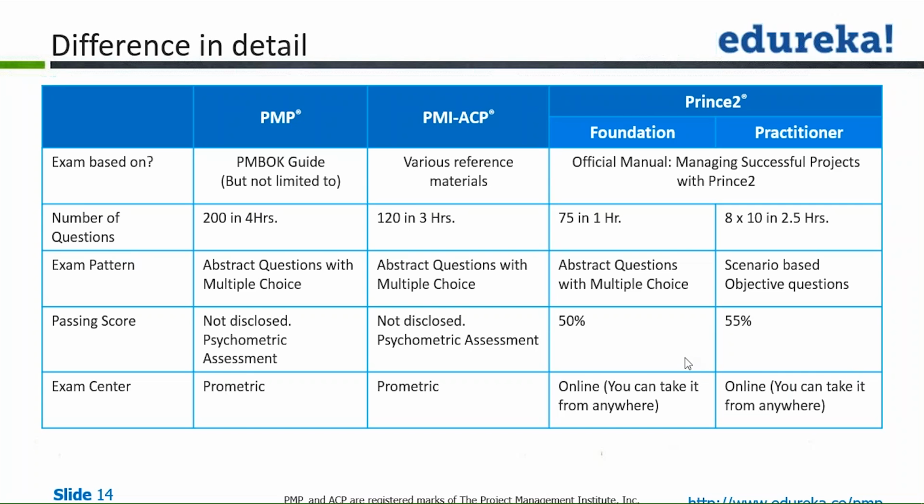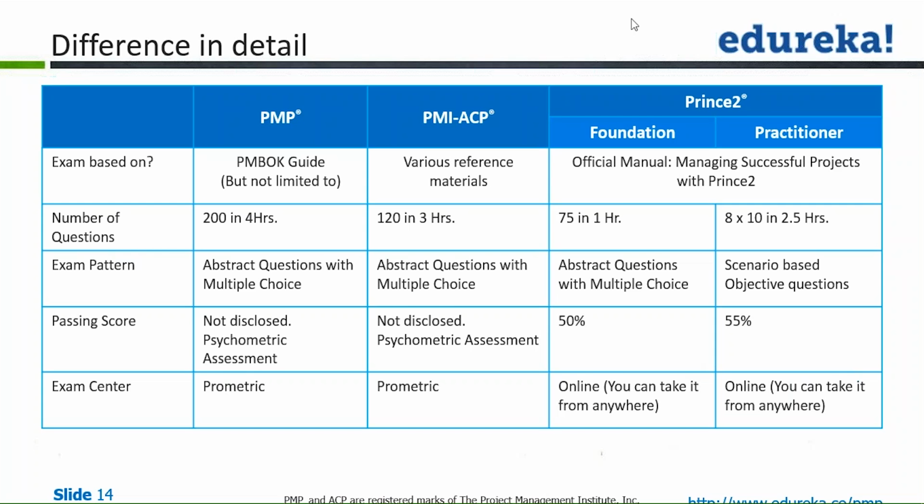Next important point is people have a lot of myths and wrong information around this: the passing score for the PMP and PMI-ACP examination. Until 2005, PMI used to give the percentage or the marks, and you had to score 61% or higher to pass the PMP examination.